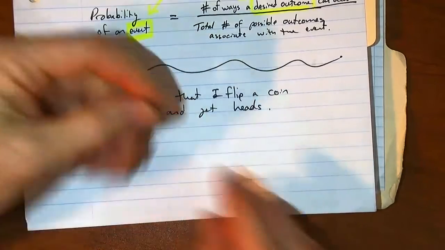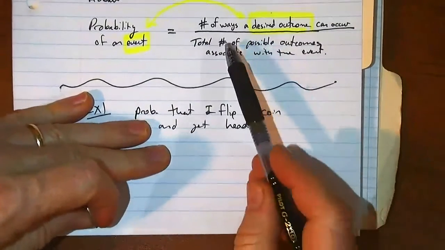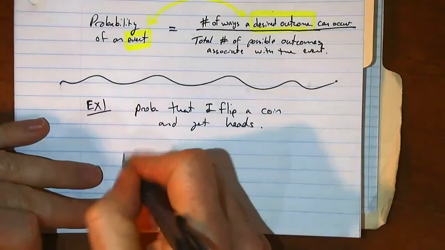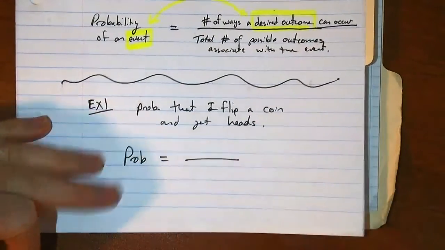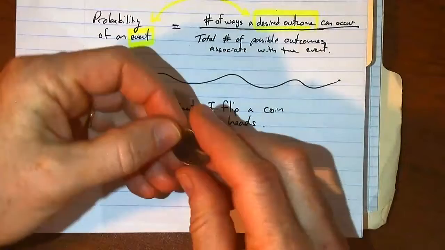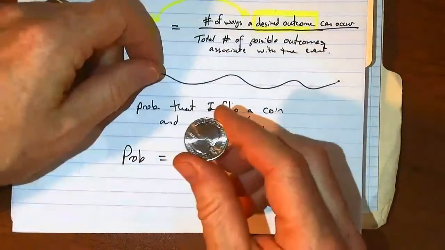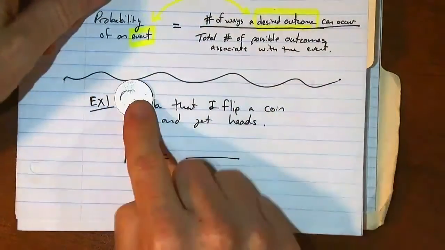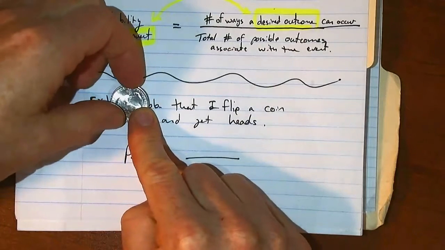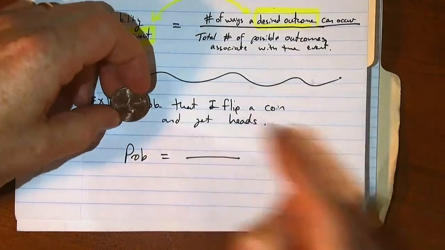So if I think about this functional definition, my probability is going to be equal to the total number of possible ways that I could flip this and get heads. Well, it's pretty straightforward. There's one head. That's it. If I flip it and I get heads, then I just achieved the desired outcome.